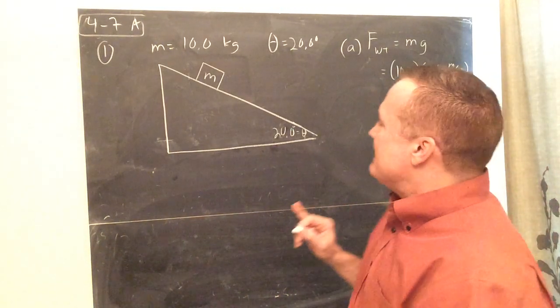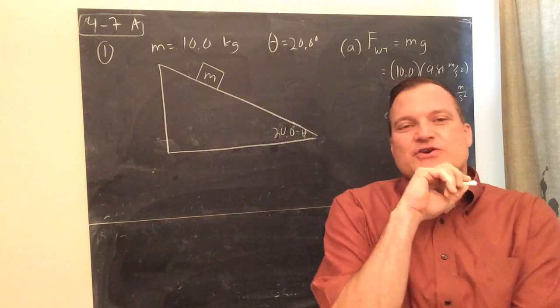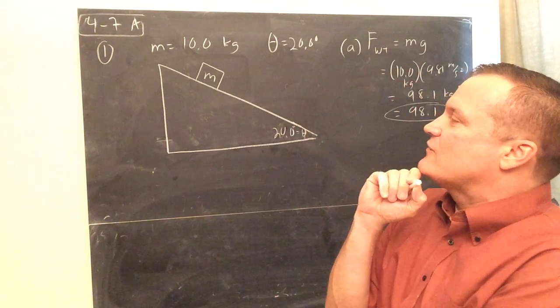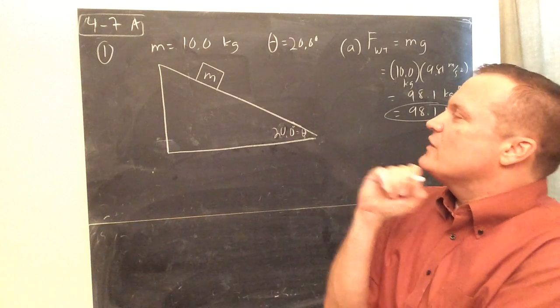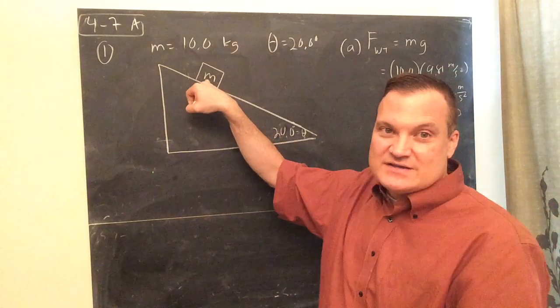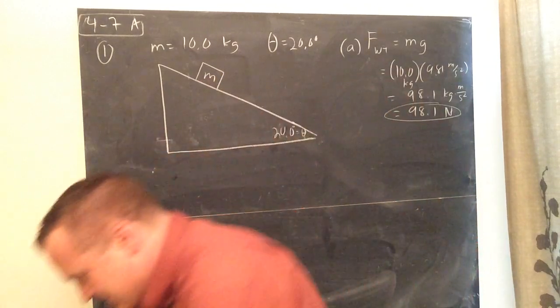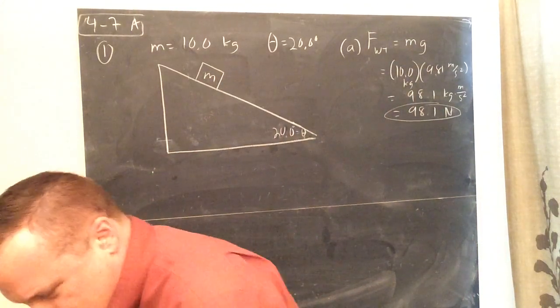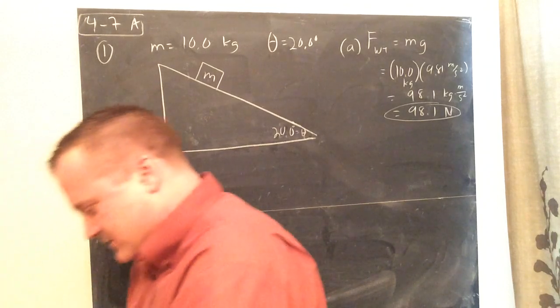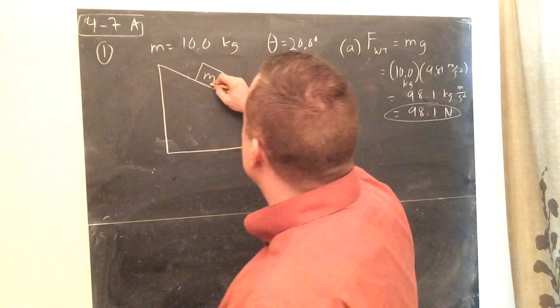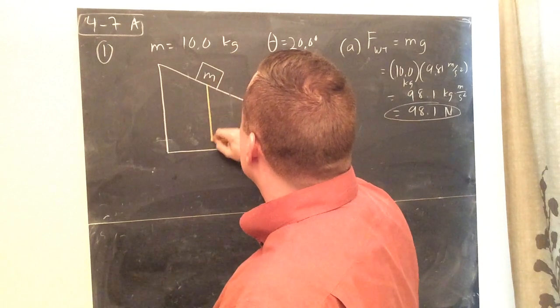All right. First of all, I want to show you, if I said draw an arrow to show me where the weight force is pulling on this mass, you draw it straight down. Yellow might look better. So I'm going to go straight down.